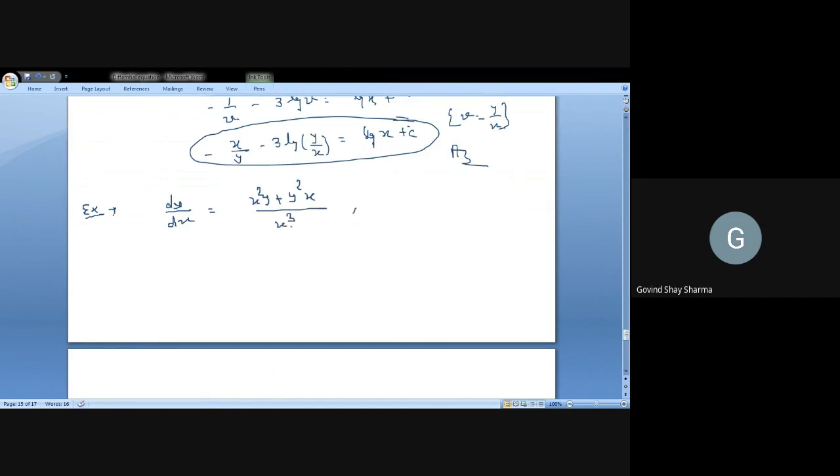Similarly, second: (yx² + y² + xy² − ...). Okay. Now we move to the part of exact equation and Bernoulli equation.